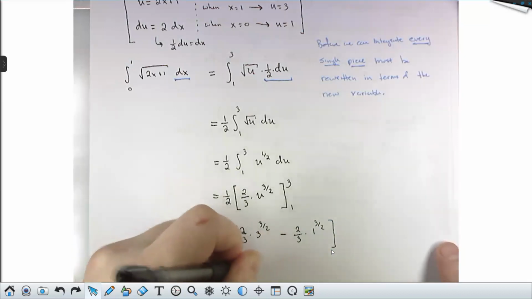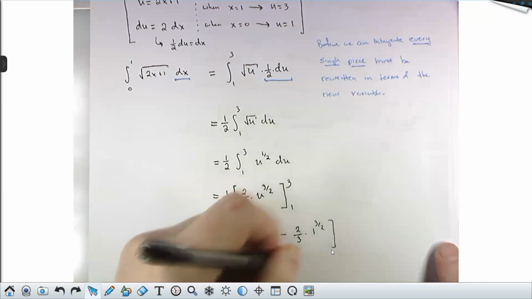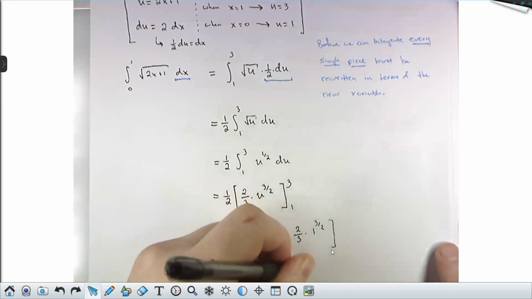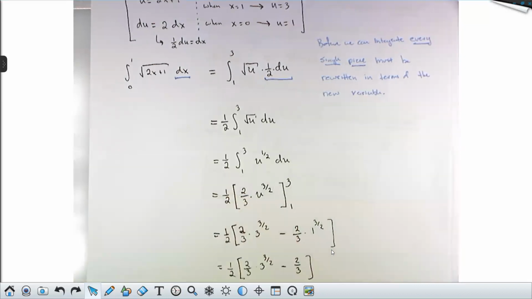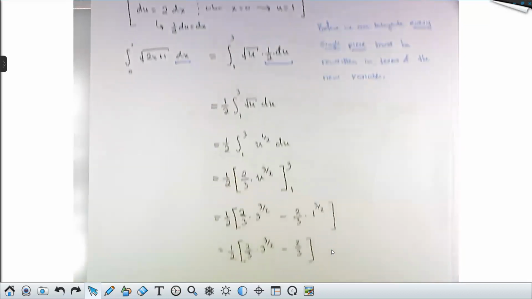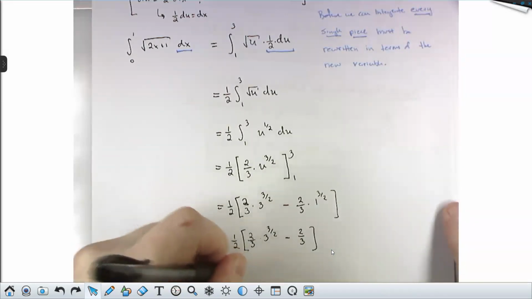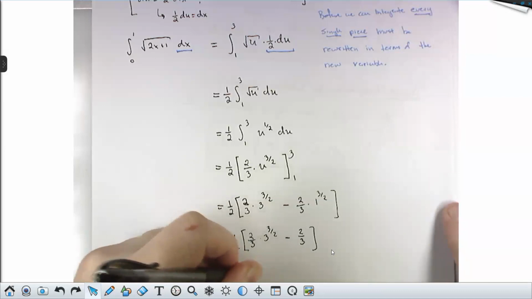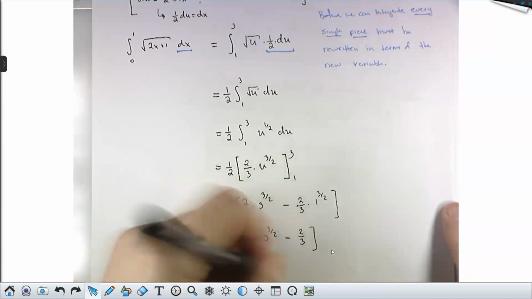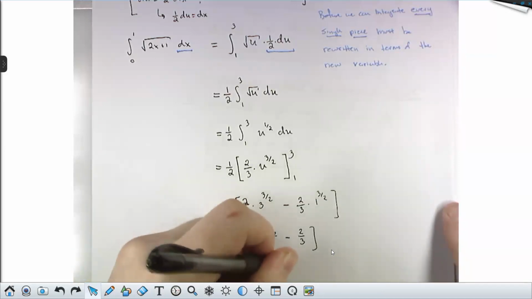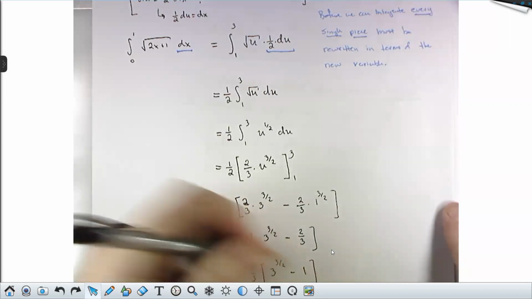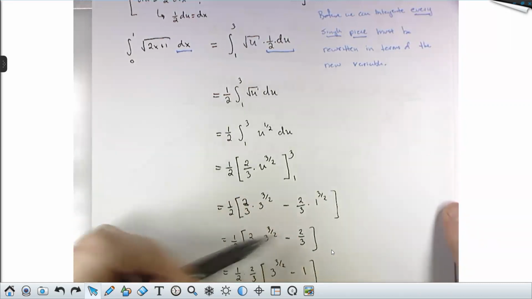times 2/3, 3 to the 3/2 minus 2/3. And you can factor the 2/3 out if you want. When you factor out this 2/3, you'll have 3 to the 3/2 left in the first piece.